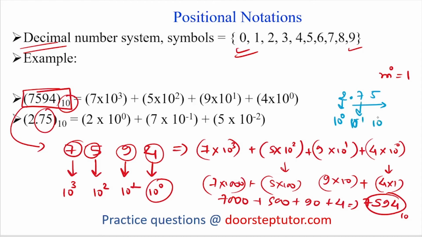Then the next will have the weight of 10 to the power minus 2. If we multiply the coefficient with the corresponding weight, it will become 2 into 10 to the power 0 plus 7 into 10 to the power minus 1 plus 5 into 10 to the power minus 2. And if we add all these numbers, we get 2.75. So this is the basic concept behind the weight in a given number system.